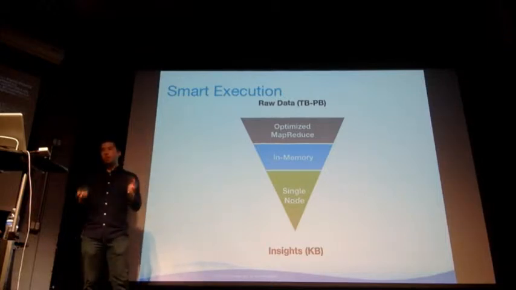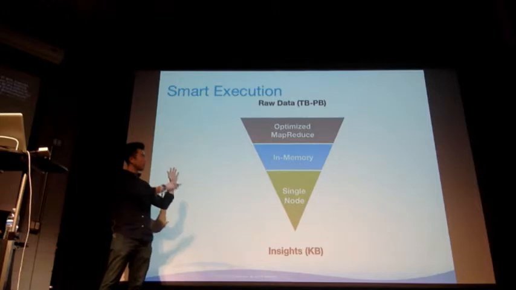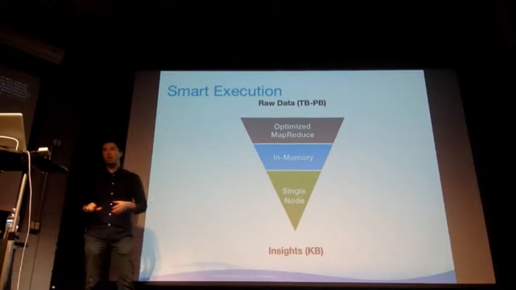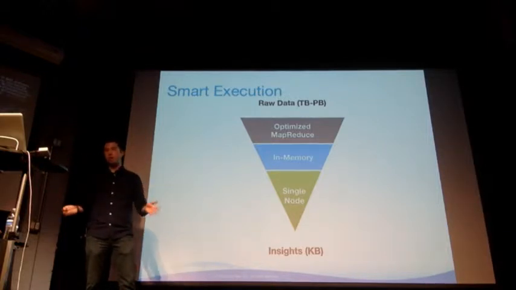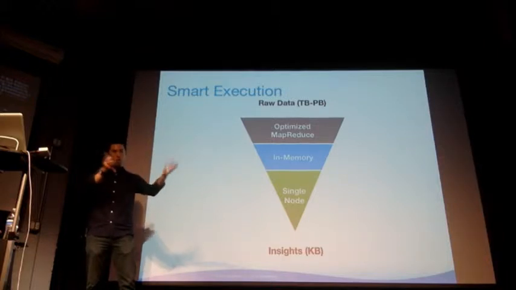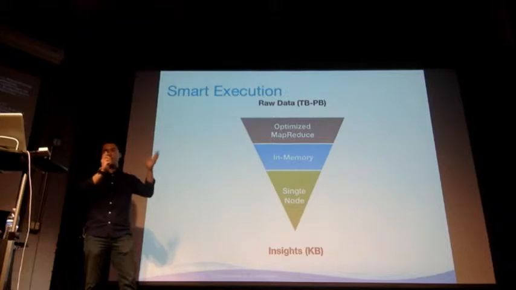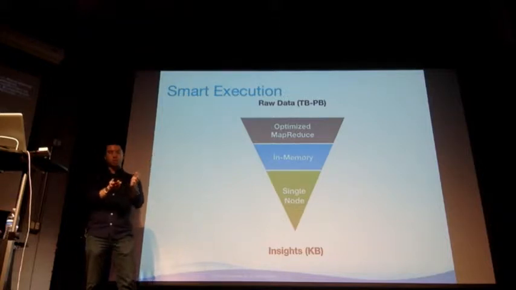So we've broken it down in terms of this funnel concept. At the very top, we have optimized MapReduce, which speaks to something on the magnitude of terabytes or petabytes, in which you have enough data that you can parallelize against those large data sets and aggregate down to something particularly relevant or interesting for your business question, right?